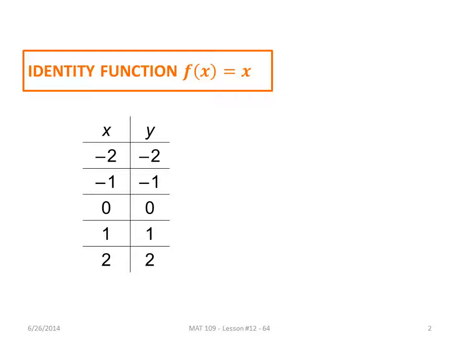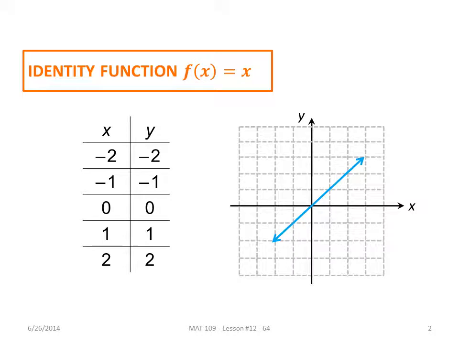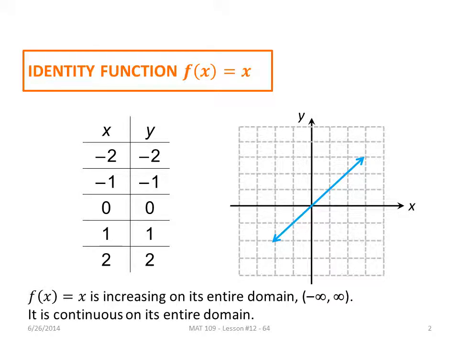If you graphed this function, it would just be a straight line with a slope of 1 that goes through the origin. It would look like this. This type of equation increases everywhere over the entire domain. The domain of this function is -infinity to infinity.